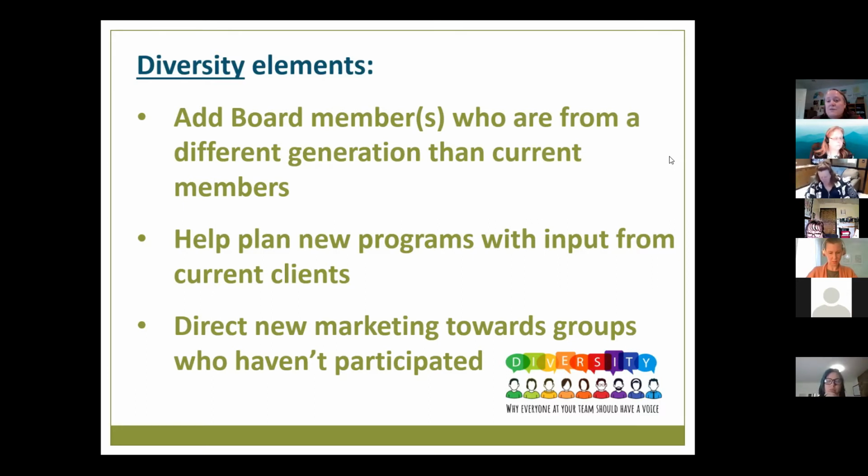So for each of these, you actually would include these elements in your project design. So they'd go in your project charter under the deliverables, right? And that would signal to the funders that you not only know what diversity means, but you've incorporated it into your project. Okay.